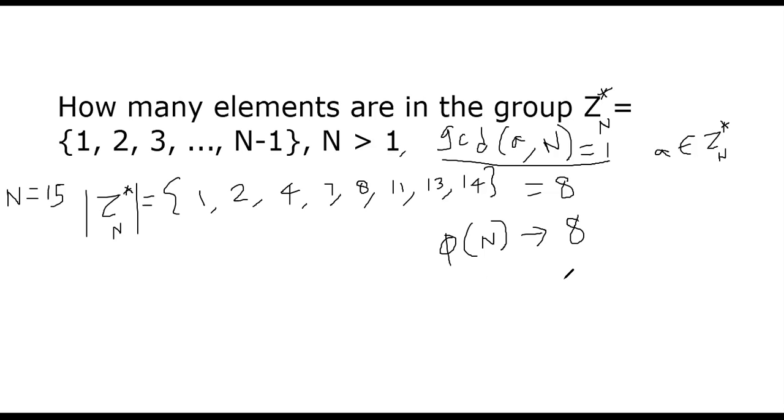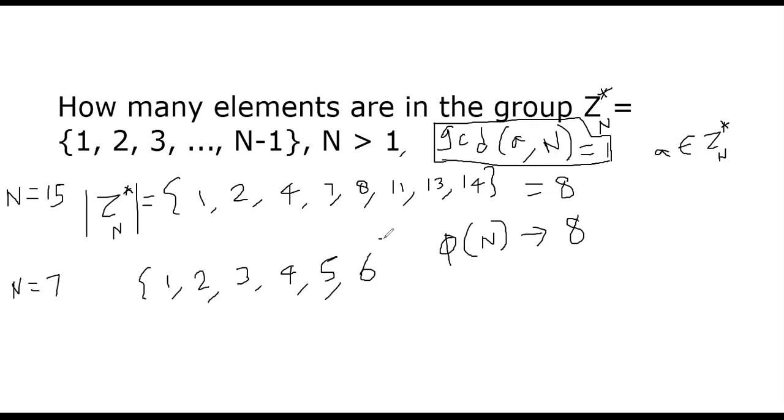Okay, but if n is a prime number, it's easy because if n is prime, all numbers below n will satisfy this property. For example, if you take n to be 7, a prime number, then Z star n will have 1, 2, 3, 4, 5, and 6. So whenever your number n is a prime, we usually write it p.